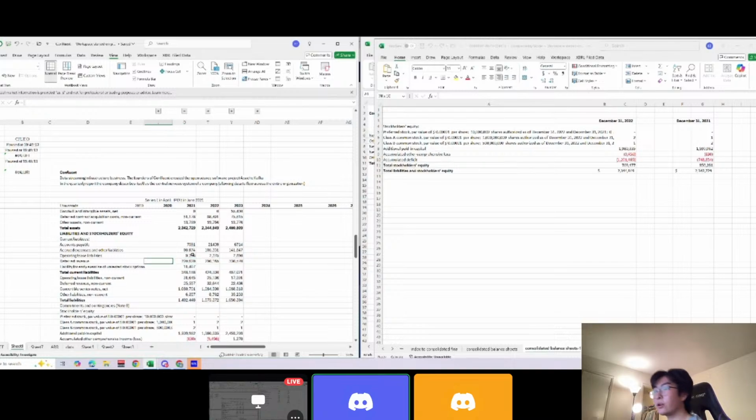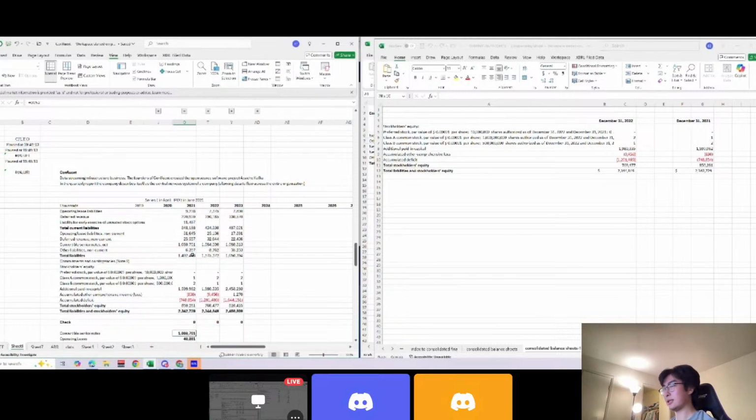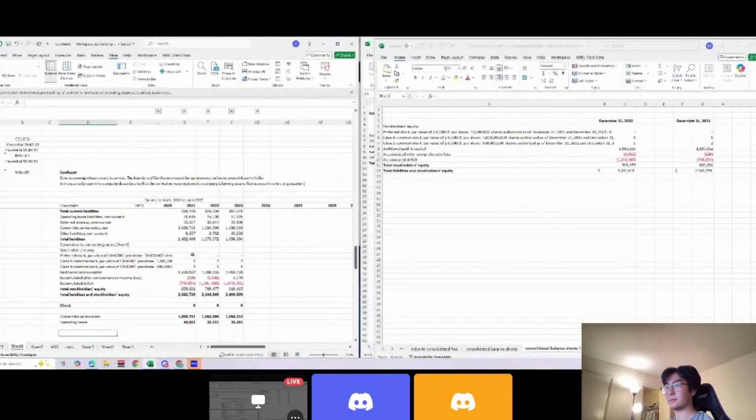Okay, so it's deferred revenue. That was 220. Right, that makes sense. That was 30% of the company. I guess the operating structure would just be too much. Okay, so debt to equity. Divided by, oops.